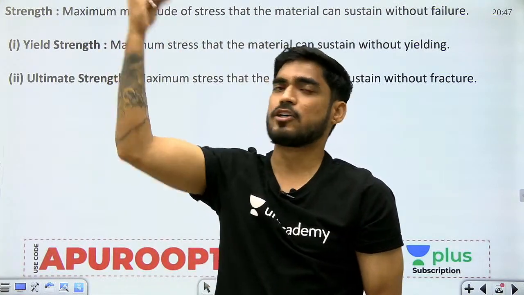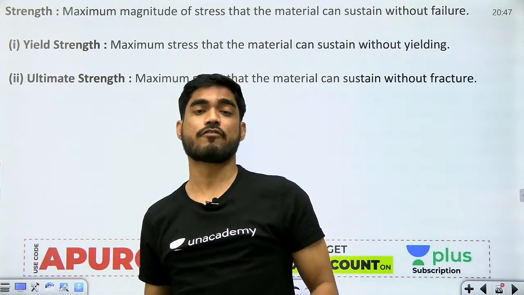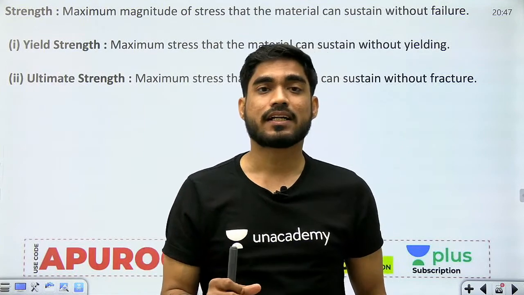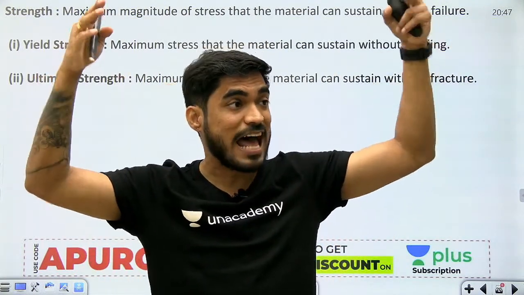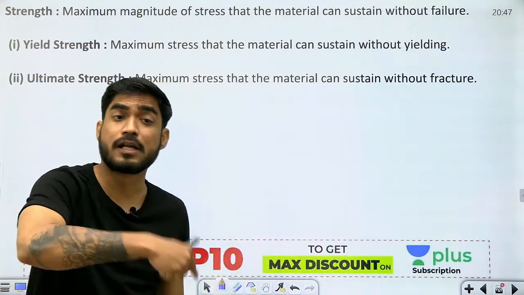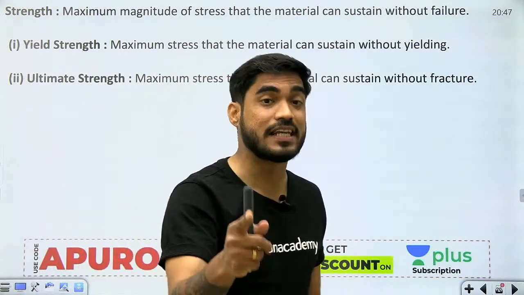No, it will not be able to provide that necessary support, and your beam will also fall down. So beta, that's why if the material yields, if there is a permanent deformation, large permanent deformation, we say bas, now you have to replace that machine element. So yielding is a type of failure.